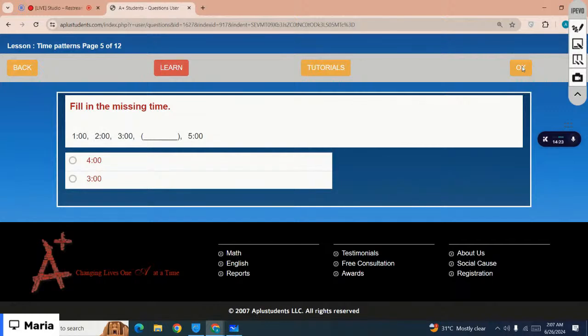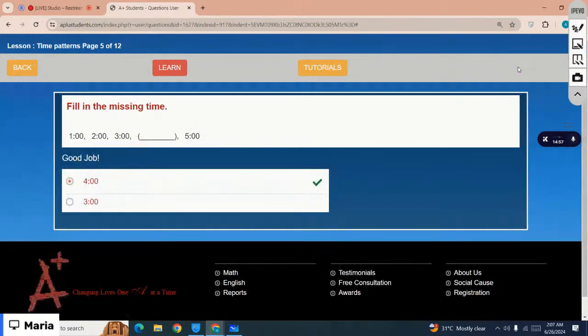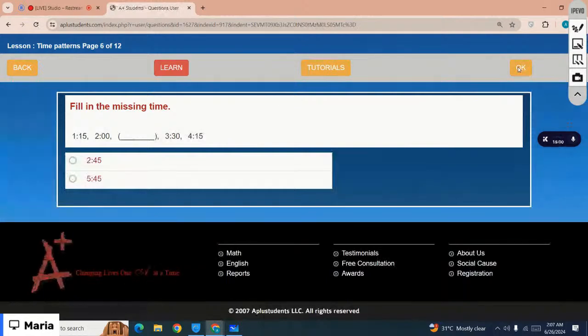Fill in the missing time. 1, 2, 3. Which one is missing? The correct option is, yes, 4. The missing time is 4. Option number 1 is the correct option. Fill in the missing time. 1:15, 2, missing time, 3, 4:15.